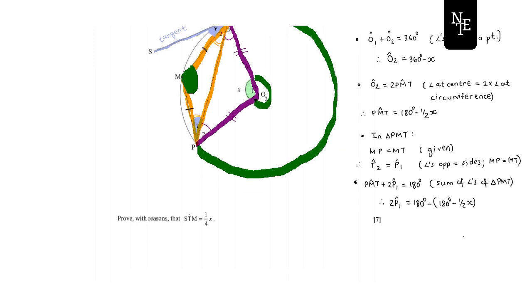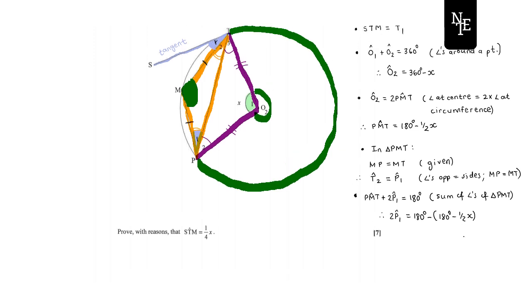So we'll have that twice angle P1 is equal to, this negative will distribute into the bracket. That's going to cause us to have 180 degrees minus 180 degrees plus 1/2 x.